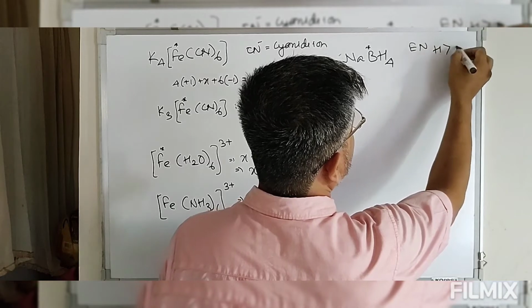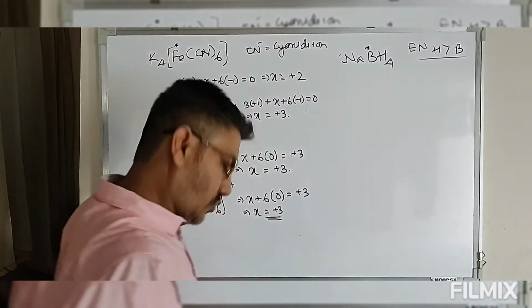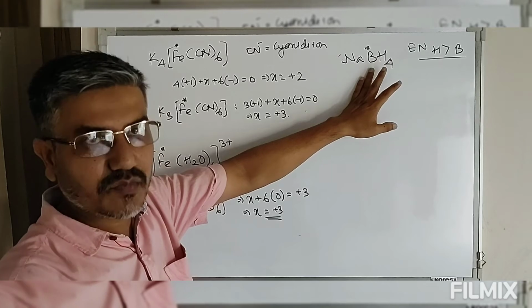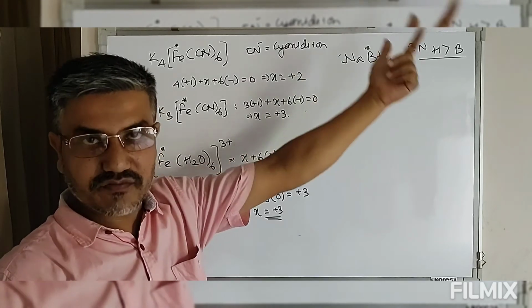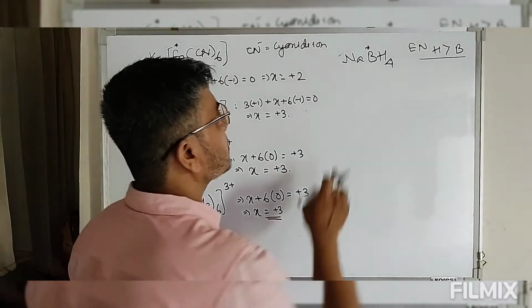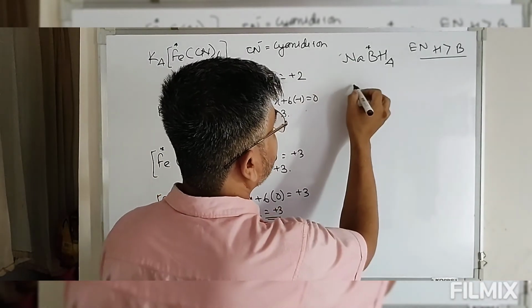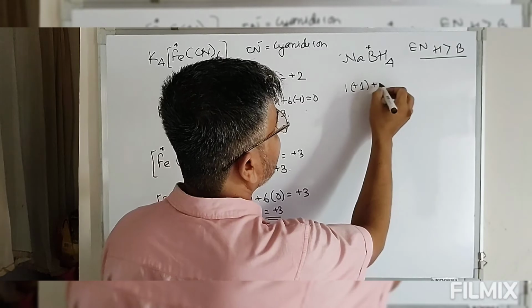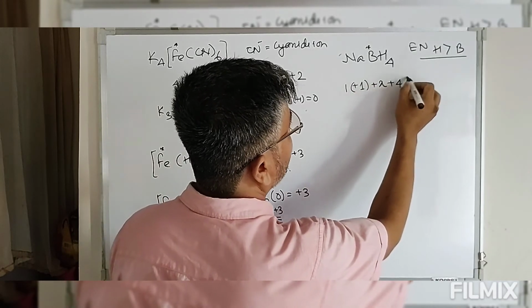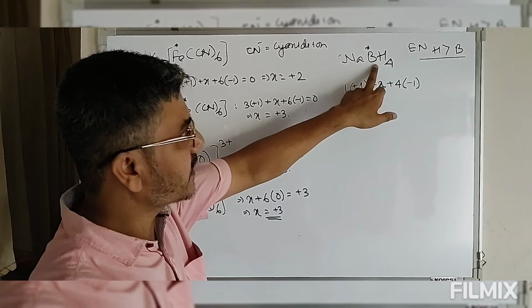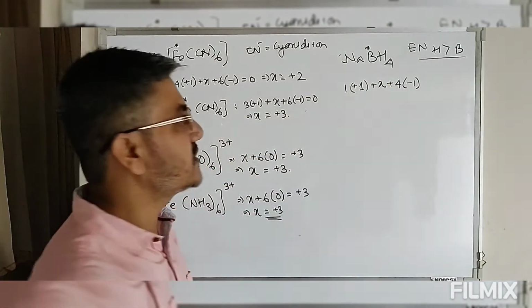Electronegativity of hydrogen is greater than boron. So hydrogen is more electronegative than boron, so hydrogen should be given negative charge, and boron should be assigned positive. Now look at it. This is an alkali metal. So we have plus 1 into 1, plus x, plus 4 into minus 1, because hydrogen being more electronegative should be assigned negative oxidation state.